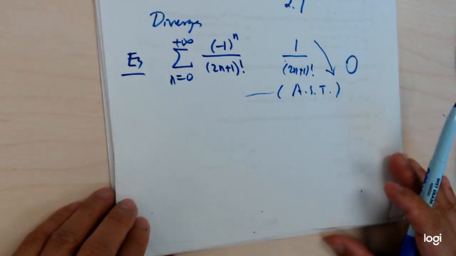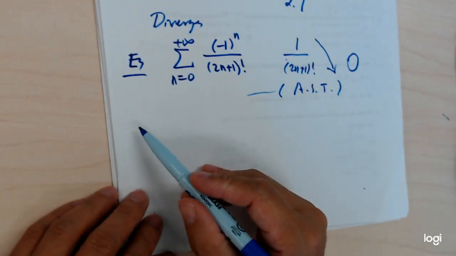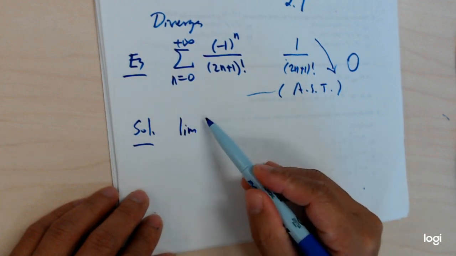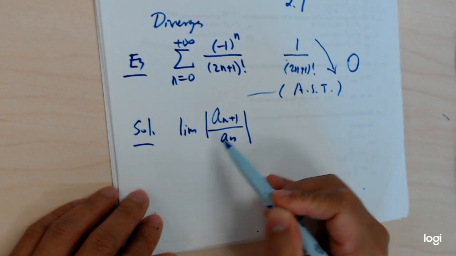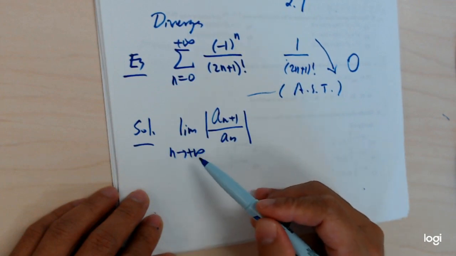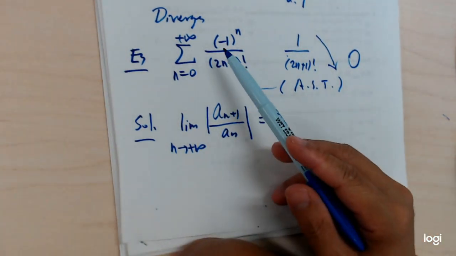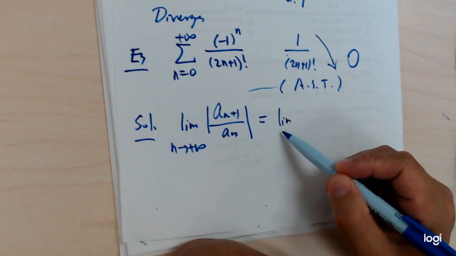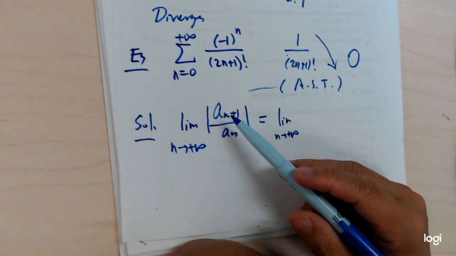So let's find out how the ratio test works and what the ratio test tells us. So we're trying a different test. Limit of the ratio. Once again, I'm going to throw away the sign part here because I'm taking the absolute value. So let's think about a sub n plus 1. What is a sub n plus 1?